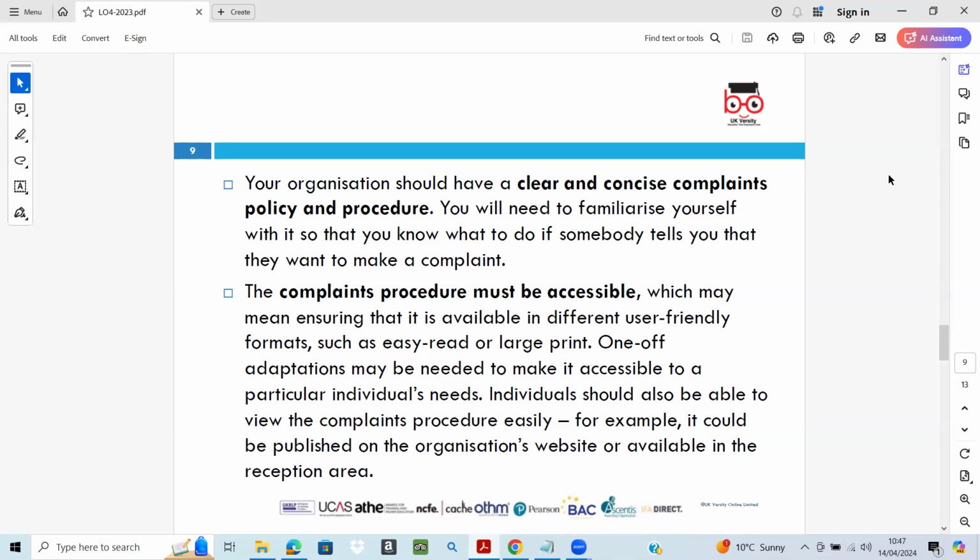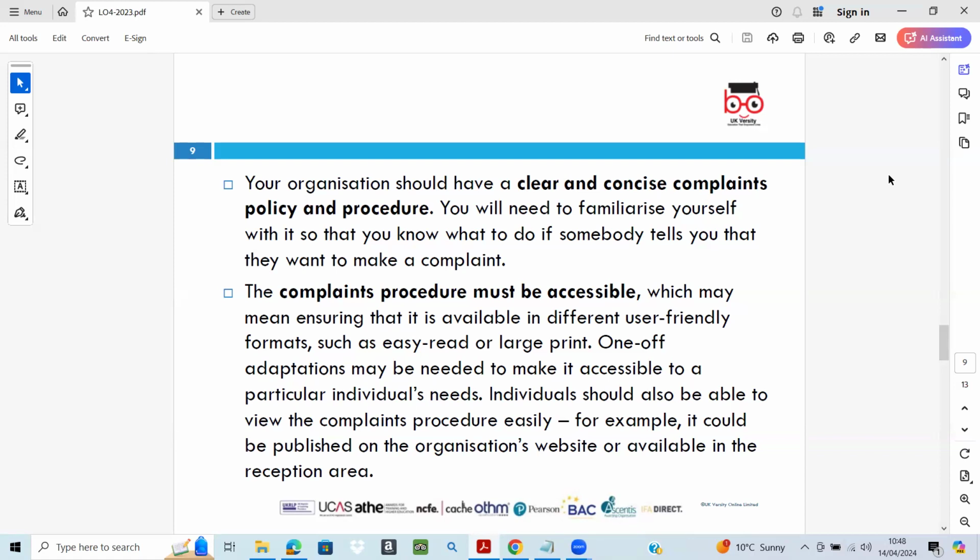Now let's talk about making the procedure accessible. Accessibility measures: accessibility means different things for different people. For example, having the policy available in easy read formats or large print can be crucial, because different people have different needs based on their abilities and circumstances.